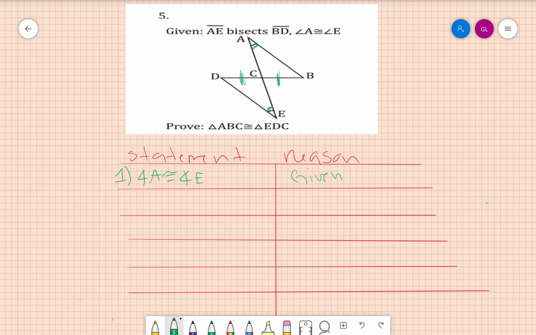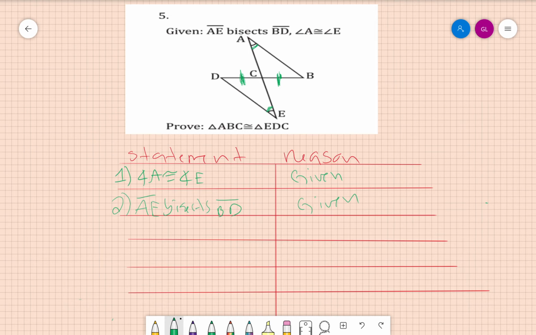For step 2, I want to say that segment AE bisects segment BD, and that's given. And those two things we've already signified on the diagram. So make sure on your paper you've put the hash marks to signify that these two lines are congruent, and arcs to say that these two angles are congruent.